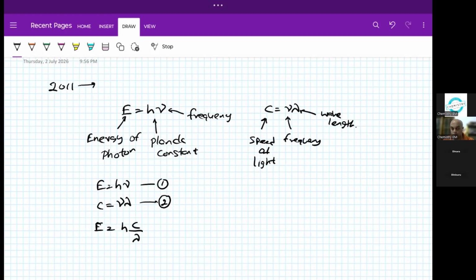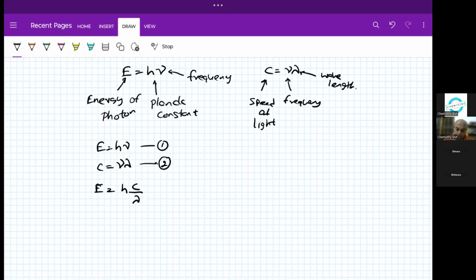Then energy of one mole of photons means, we know mole means a number. I told you the number is the Avogadro number. So if we want the energy of one mole, then this has to be multiplied by the Avogadro number, Na. So I have to multiply both sides by Na. We have discussed these things. Na is the Avogadro number.